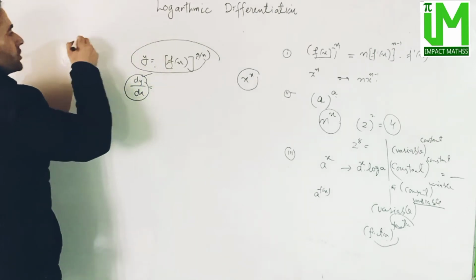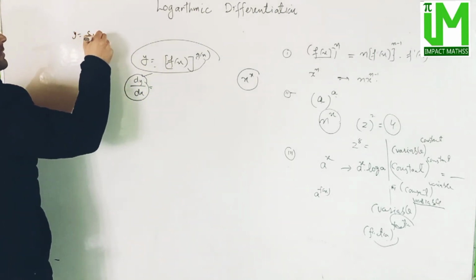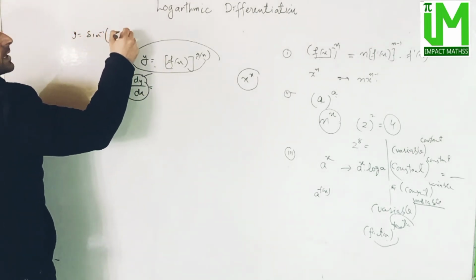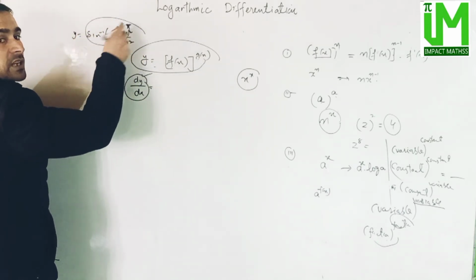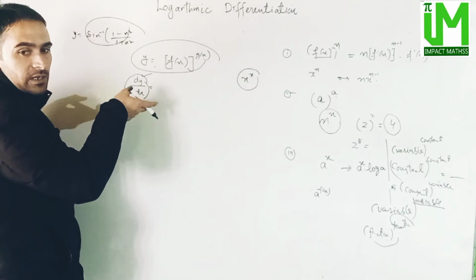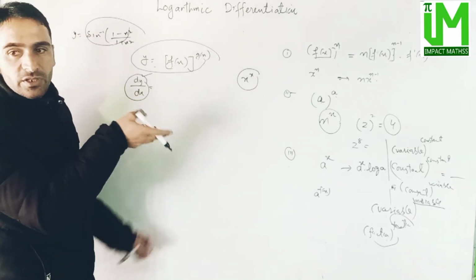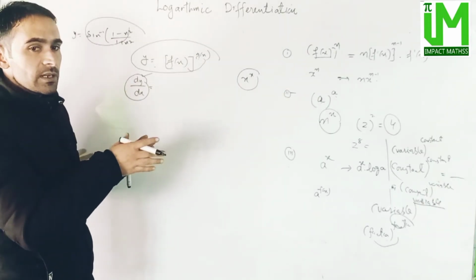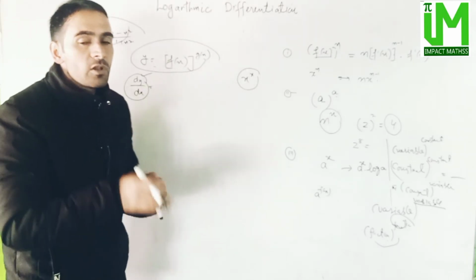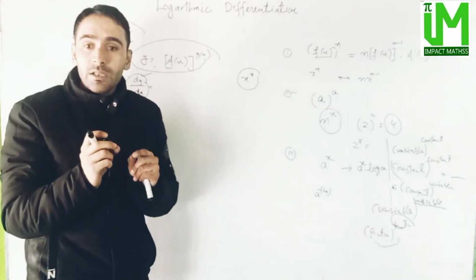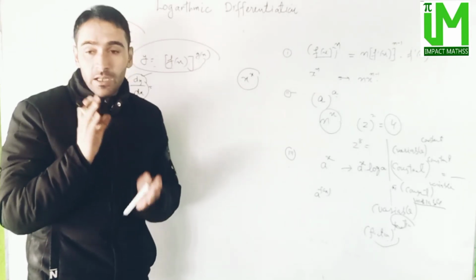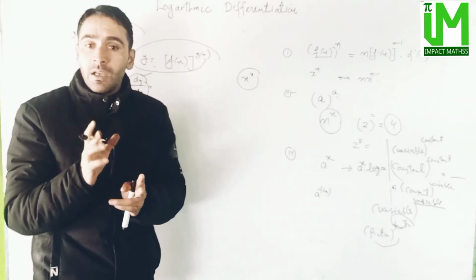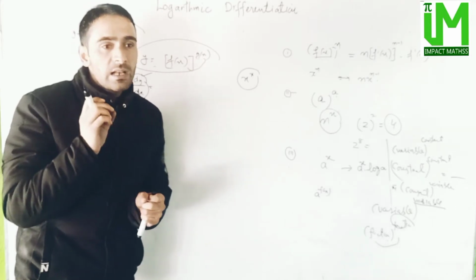For example, the question was y is equal to sin inverse of (1 minus x square) divided by (1 plus x square). We were solving this in order to bring it into the simplest form, and then differentiation becomes easy.